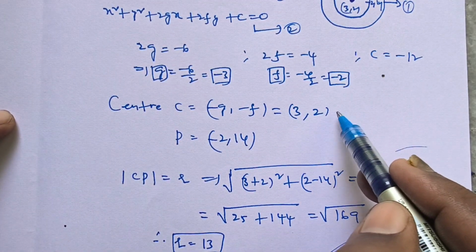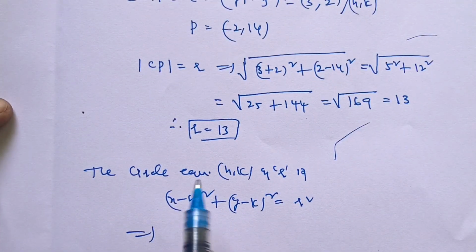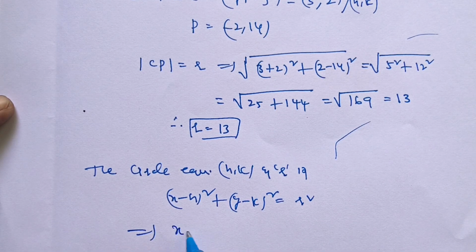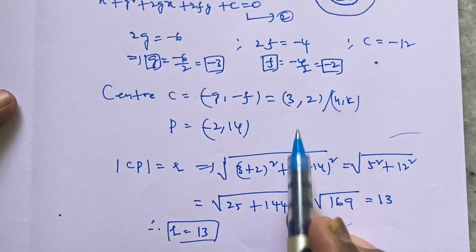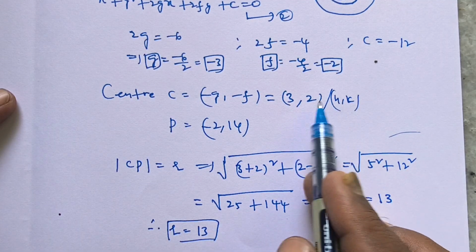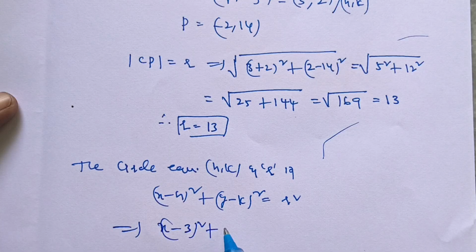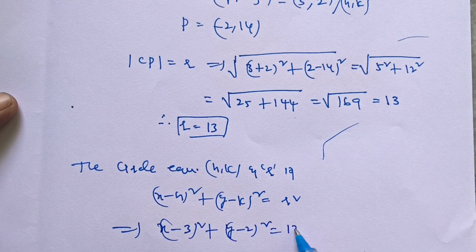H comma k values mean the center values, h is 3 and k is 2. So x minus 3 whole square plus y minus 2 whole square is equal to 13 square.